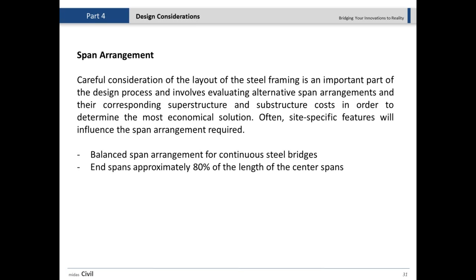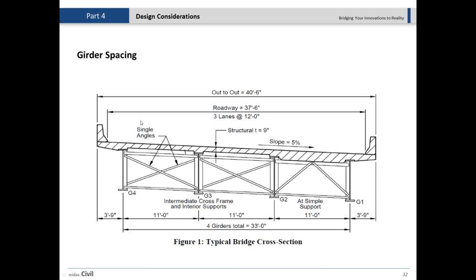So a rule of thumb says that, for example, if you have 3 spans, the end span has approximately 80% of the length of the center span. In this way we come up with a balanced structure, and we are not coming up with one span having a very large section and other spans having small sections. So that's pretty important to arrange those spans.